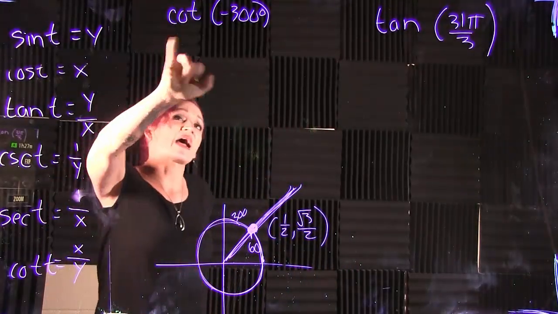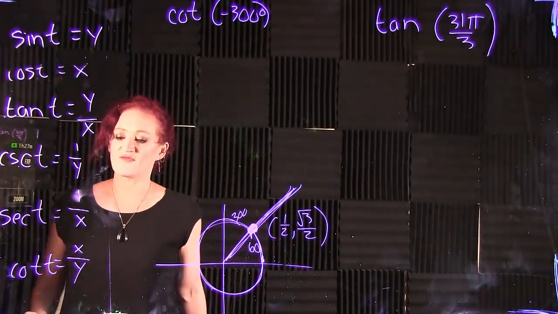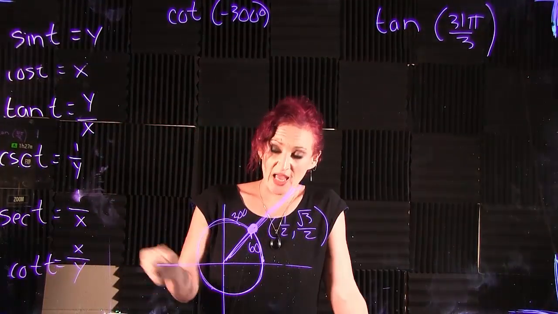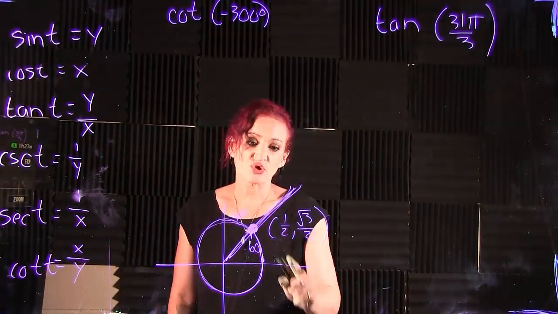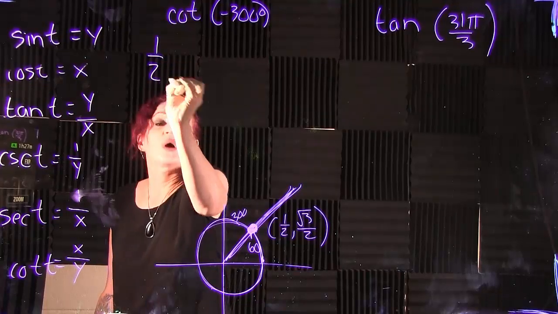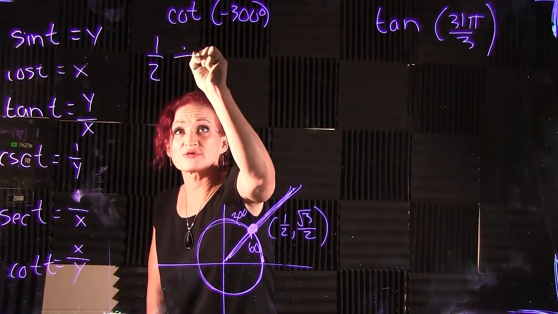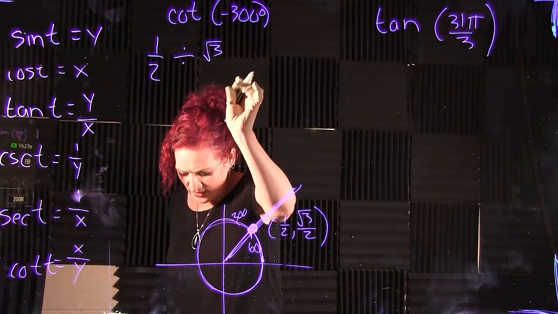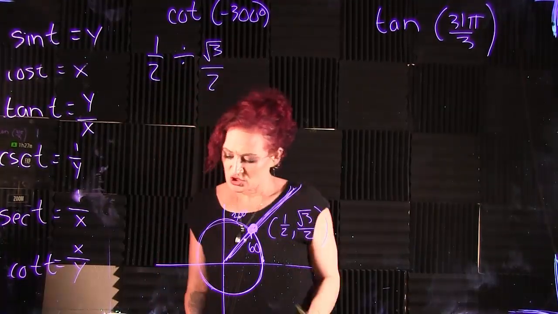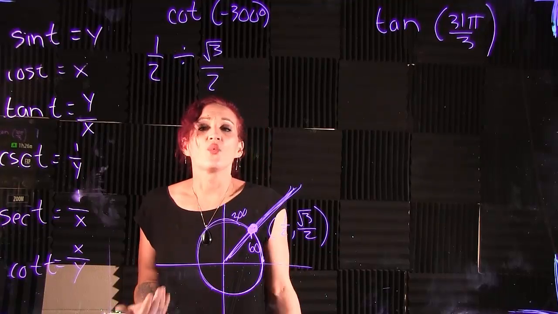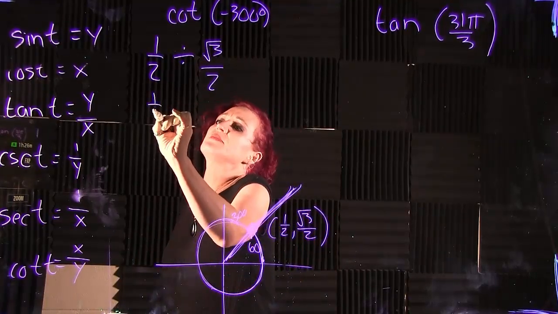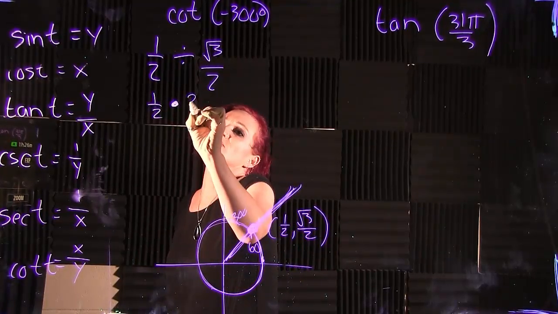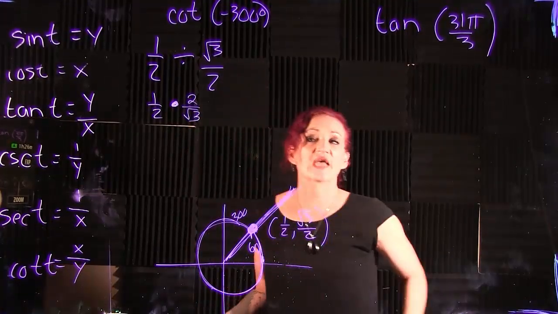We're asked to find cotangent of that. Cotangent is x over y. So our x value is 1/2, divided by, I'm going to go ahead and write it as a division, square root of 3 over 2. Rules of division: keep the first one, change to multiplication, flip the second fraction.